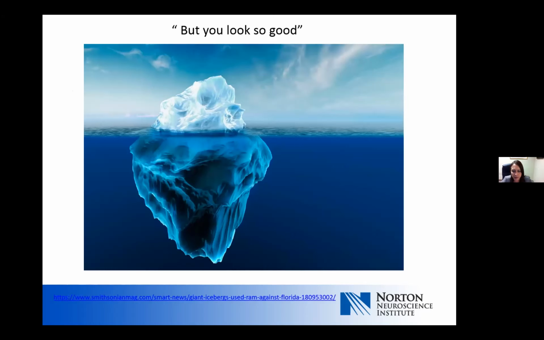So one thing my MS patients tell me is the ones who don't have a lot of obvious physical disability will hear, "But you look so good." And the fact is, MS is kind of like an iceberg. So what we see is the top of the iceberg, and we see mobility issues, and then we see a few other things, like perhaps they can't use their hands appropriately, or they're unable to see, or they could have some eye movement abnormalities.